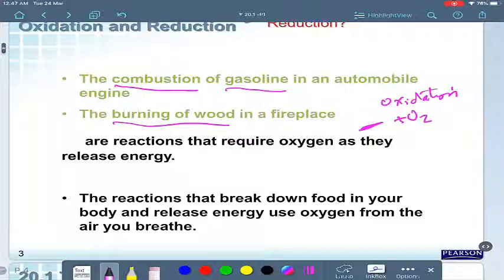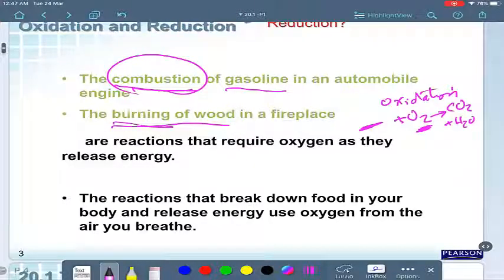A substance reacts with oxygen and burns. So combustion or burning means reaction with oxygen and produces carbon dioxide, water vapor, and so on. This is the meaning of oxidation. So burning or combustion means oxidation.